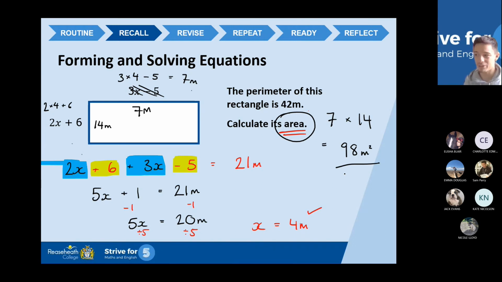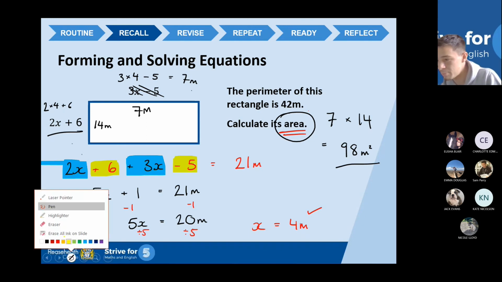That is the area. So let me talk you through step by step what I've done there. I've worked out what those 2 sides need to add up to, and that was 21. I then put it together to form an equation. Once I had my equation, I solved it and got a number. When I had that number, I substituted it back into the original sides up here.